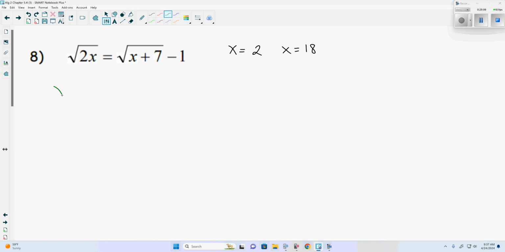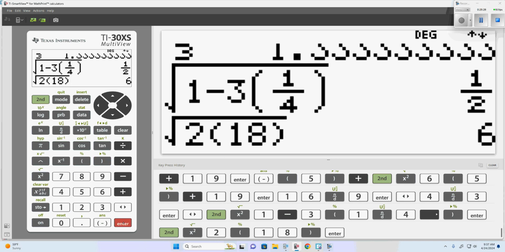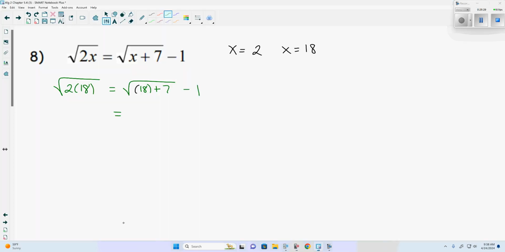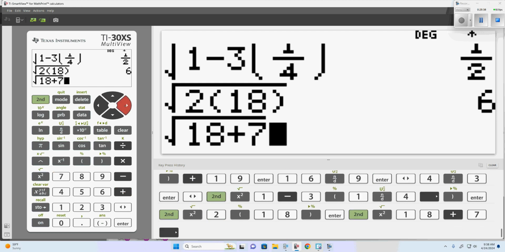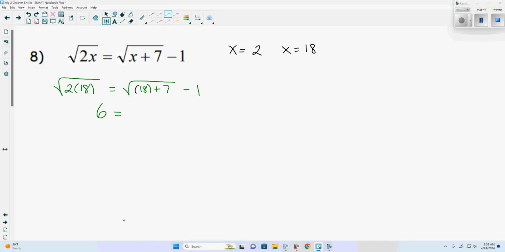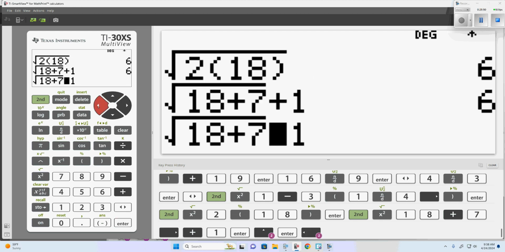Well, let's try 18. Square root of 2 times 18 is equal to 18 plus 7 minus 1. And again, we don't have to do this by hand. We can grab the calculator, say second square root of 2 times 18 is 6. Second square root of 18 plus 7. A plus 1 would have been nice.